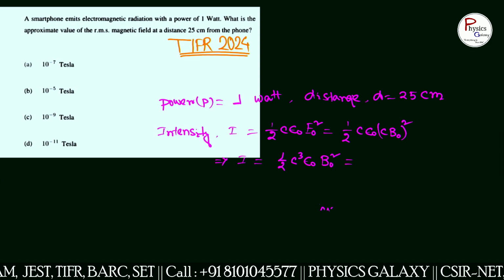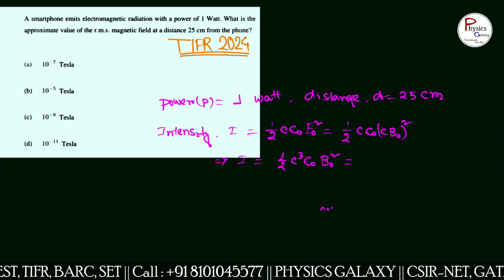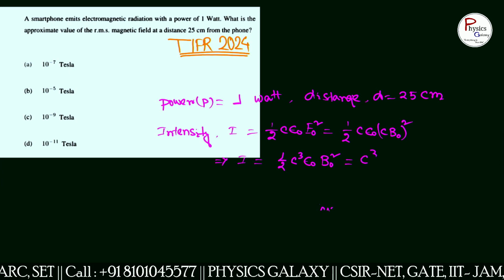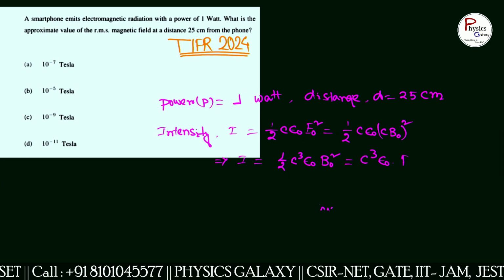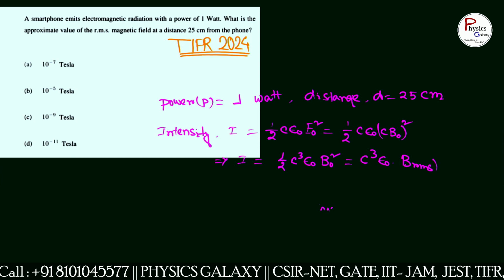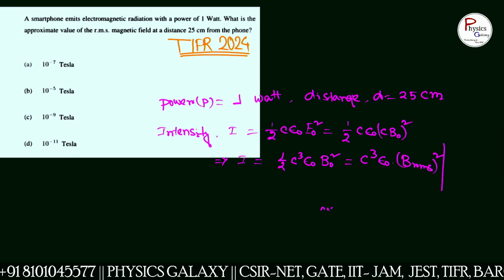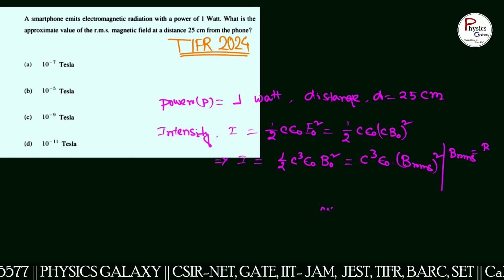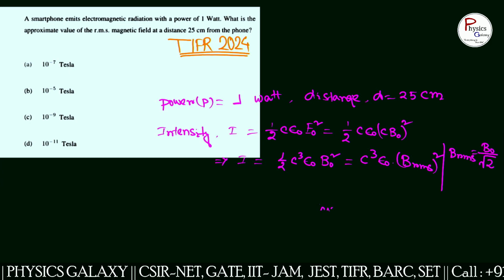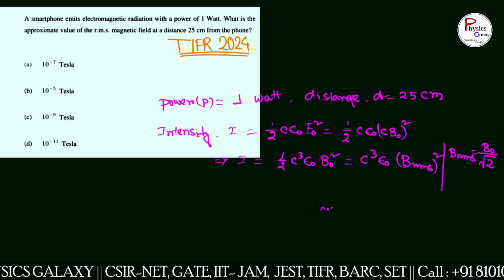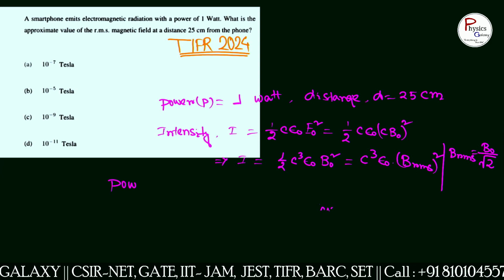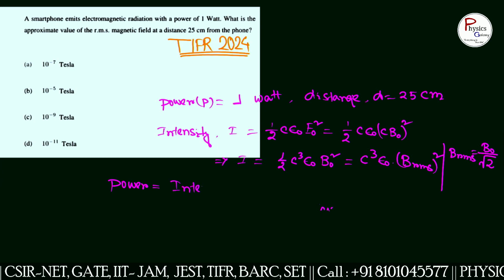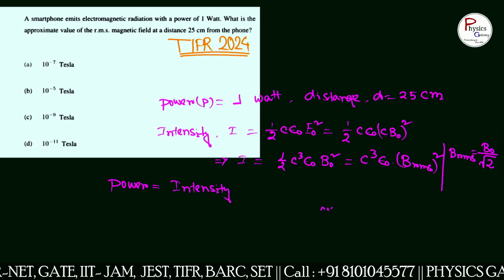Now we are required to find the RMS value of the magnetic field. So BRMS equals B0 by root 2, so I equals C cube epsilon 0 into BRMS whole square. Now we know that power equals intensity into area.